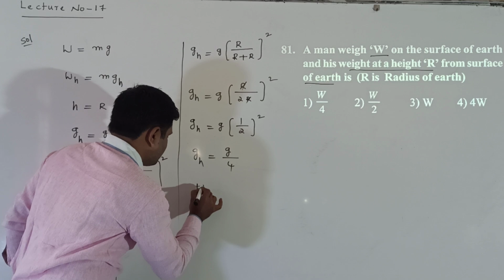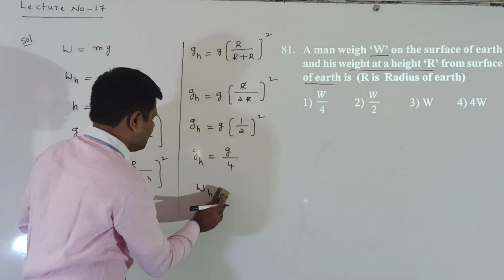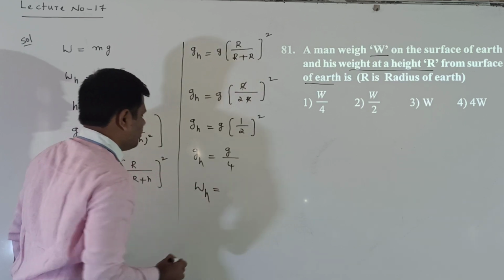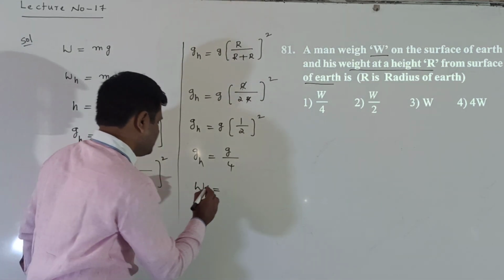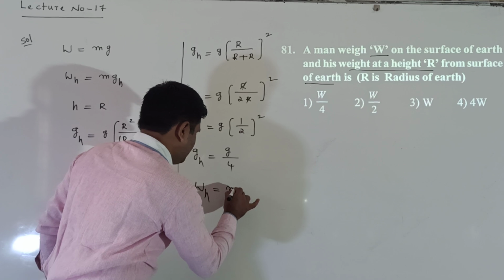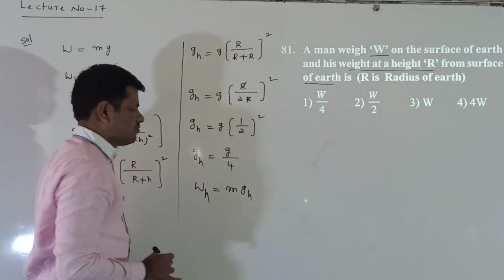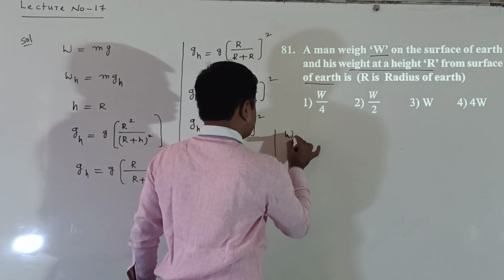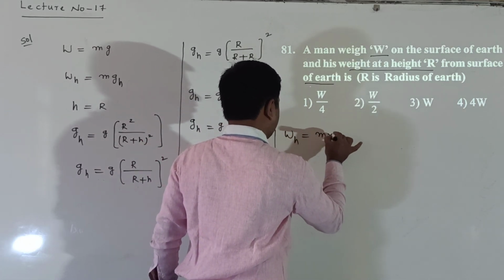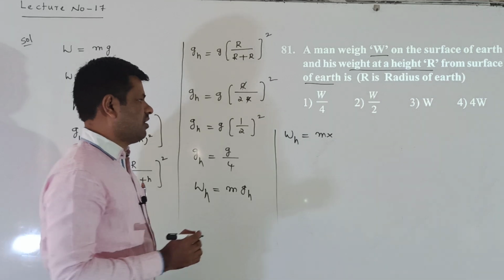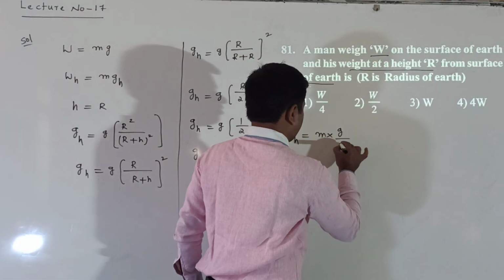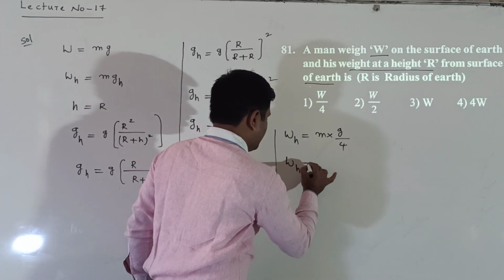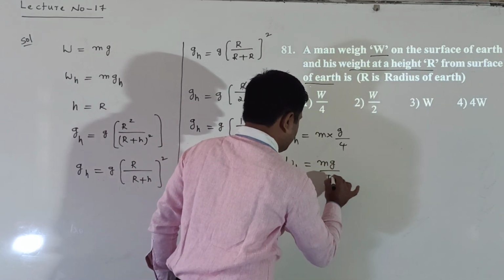Now W_h, the weight at the height h, is equal to m into g_h. We know g_h is g by 4, so W_h is m g by 4.